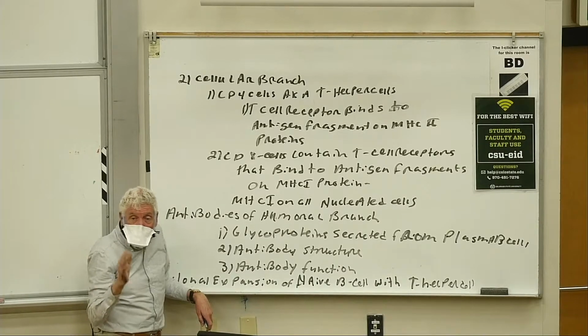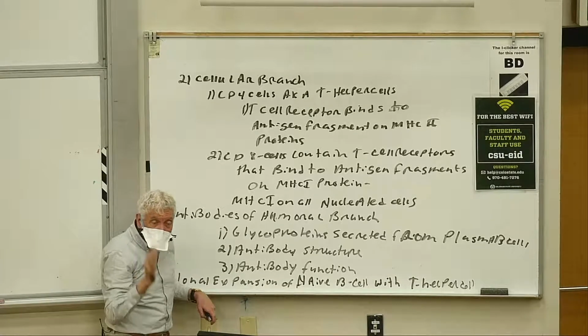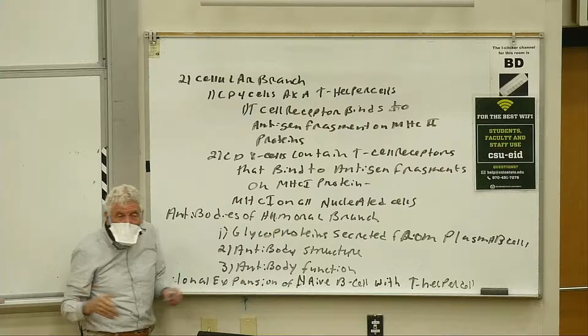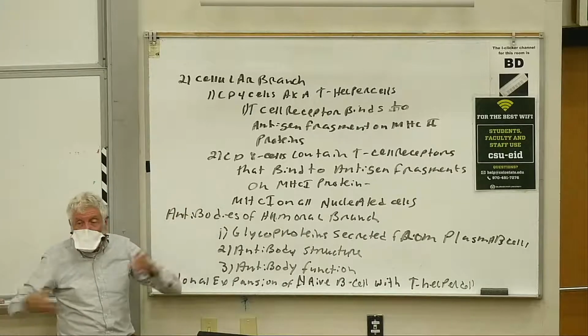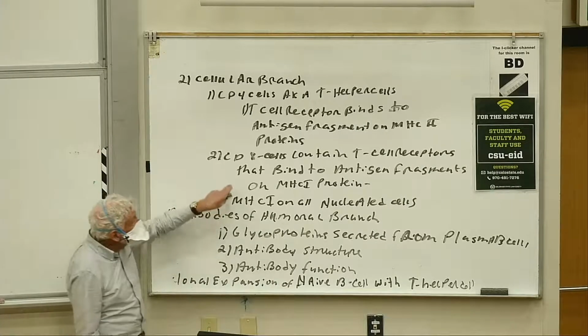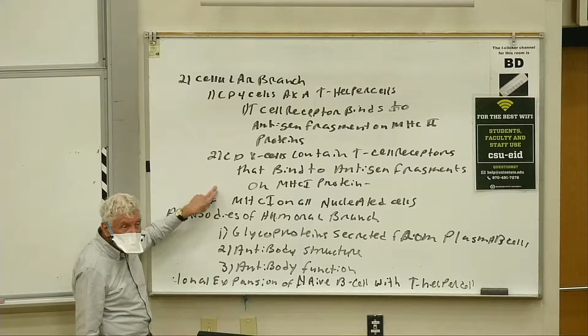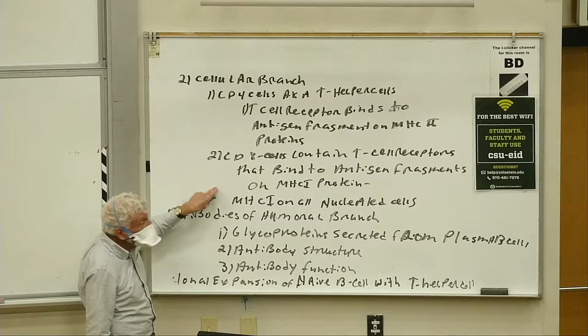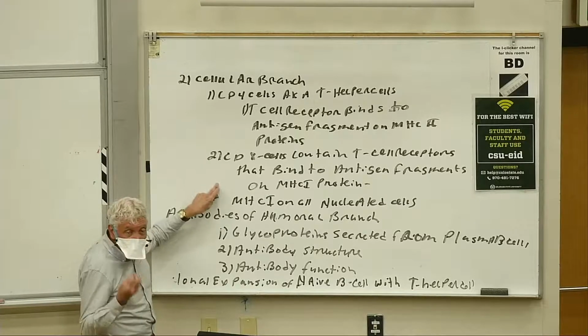The T cell receptor is going to recognize foreign proteins, foreign antigens. But unlike the B lymphocytes, which secrete antibodies out into the world at large that can bind to whole protein, these are restricted to binding to antigen fragments. Not only that, but those antigen fragments have to be presented to these cells in a particular way.